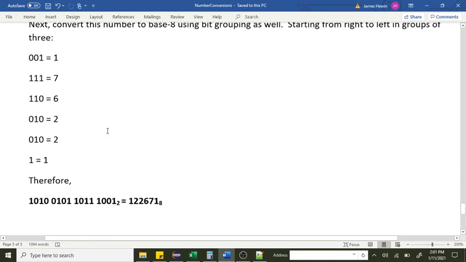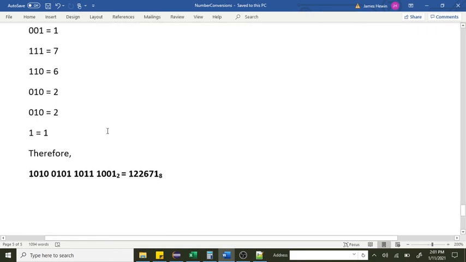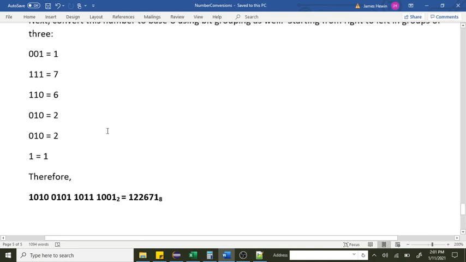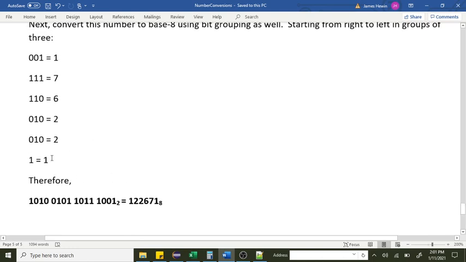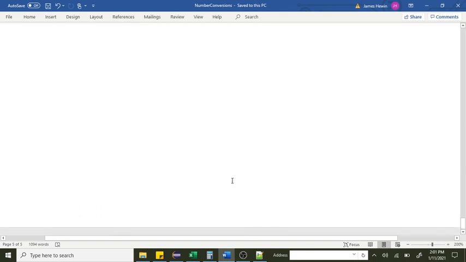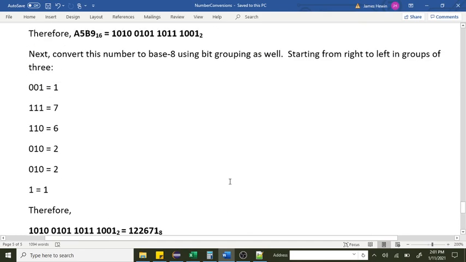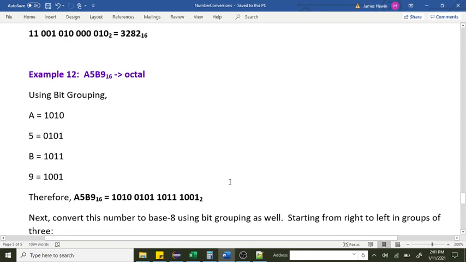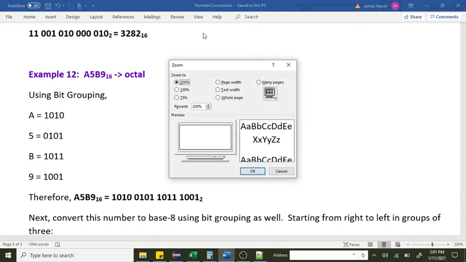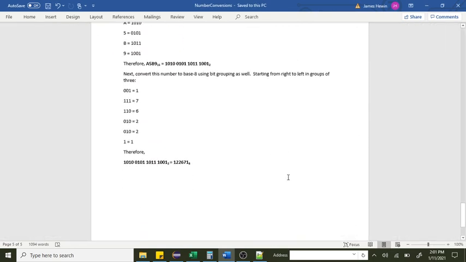And so you would end up with 122671 in octal. Okay, let's zoom down a little, back to normal.